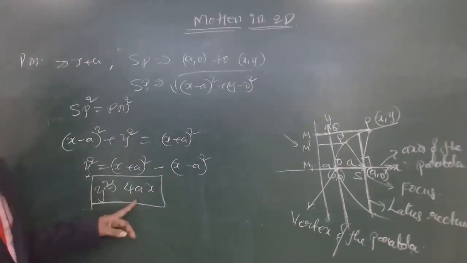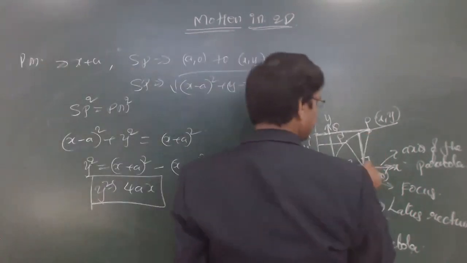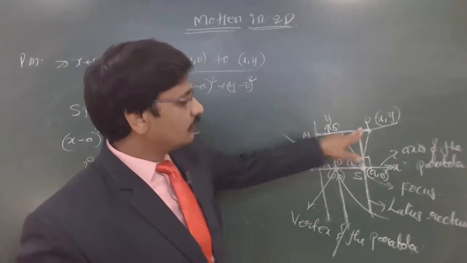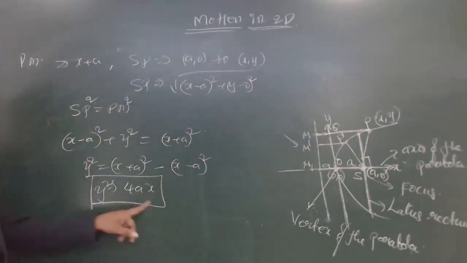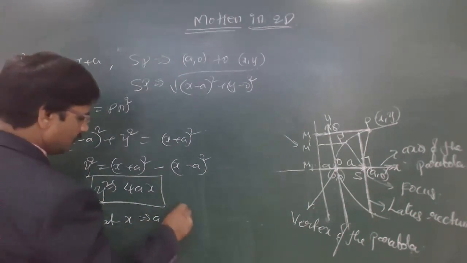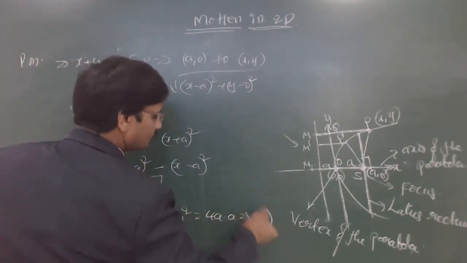So this is the 4ax. And then here if you notice, this is the location where x is equal to a. The corresponding value of y from this relation, at x equal to a, y square is equal to 4a into a, which is (2a) whole square.